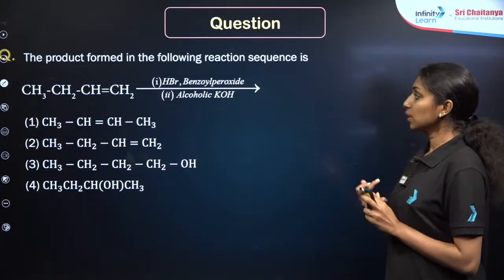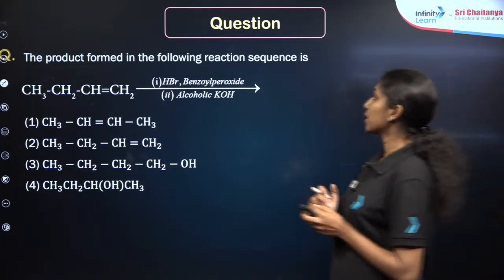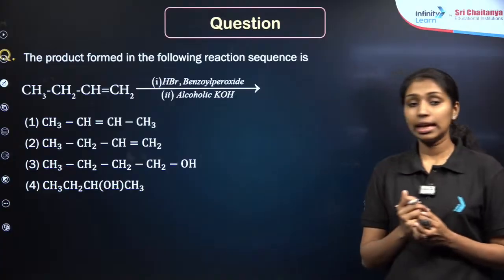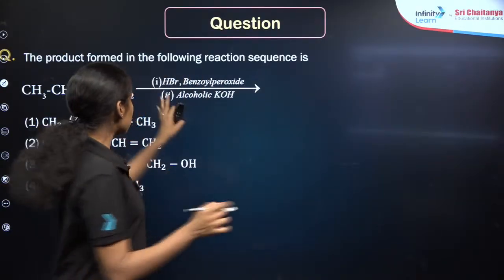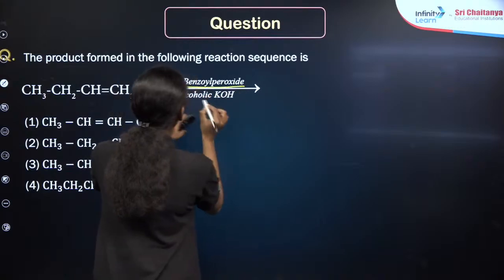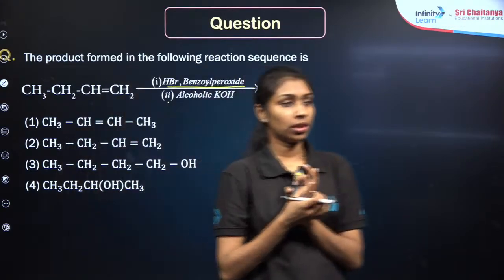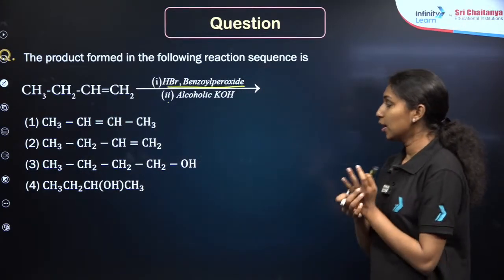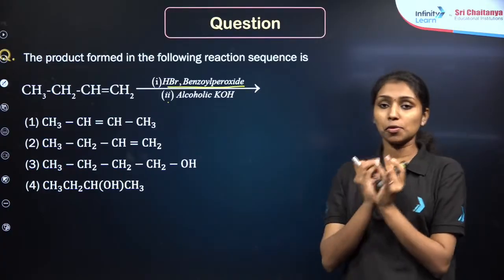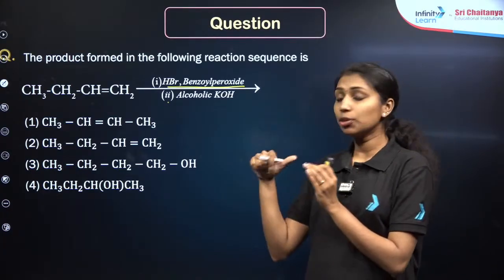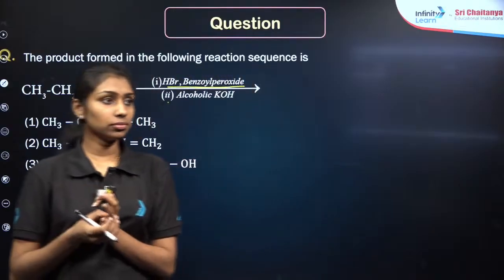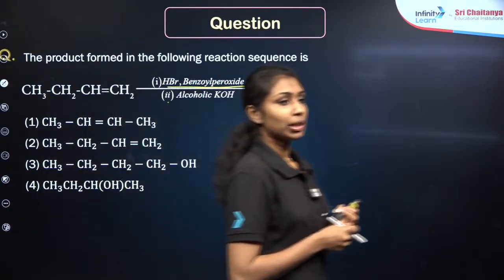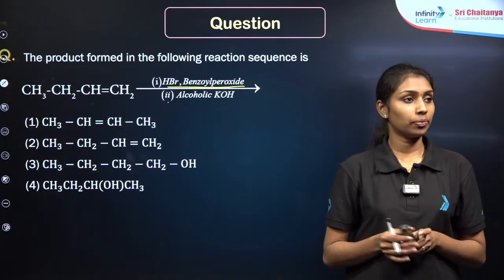Okay, here is the next question. The product formed in the following reaction sequence is, an alkene is given here. The reagents given are HBr in presence of benzoyl peroxide, then alcoholic KOH. Two reactions are happening here. First, you have to add HBr in presence of peroxide to get the product. After that, you have to do the alcoholic KOH addition. What will be the product?